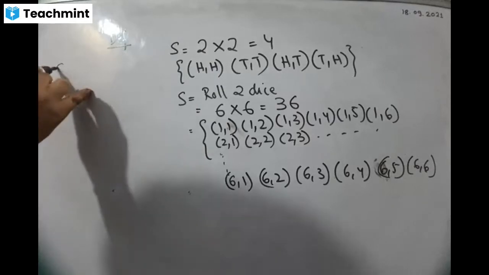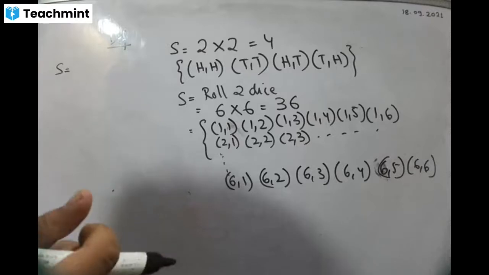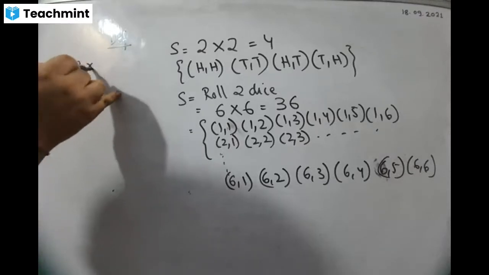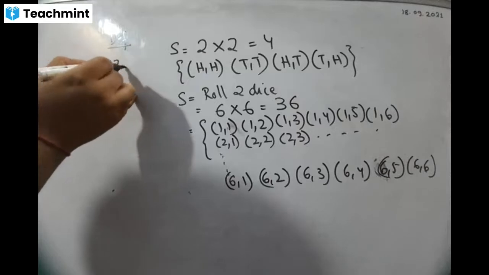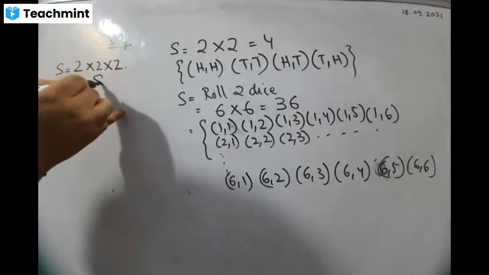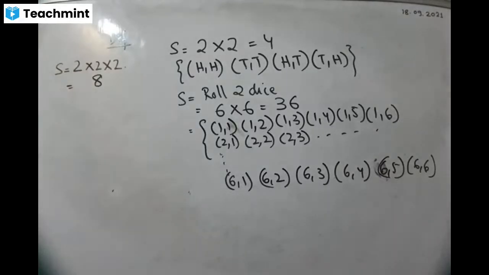So when you toss three coins, what are the outcomes? The first coin, two outcomes, second coin, two outcomes, and the third coin, two outcomes. So two twos are four, two fours are eight outcomes you will get. You can find out the eight, but why waste time when we don't need that.